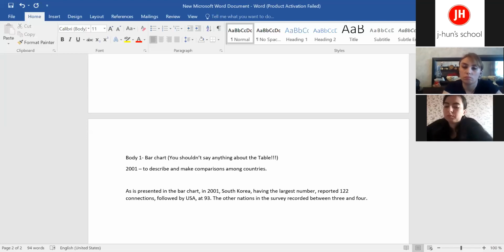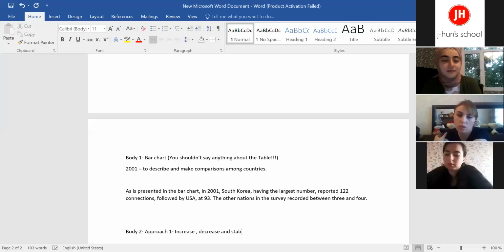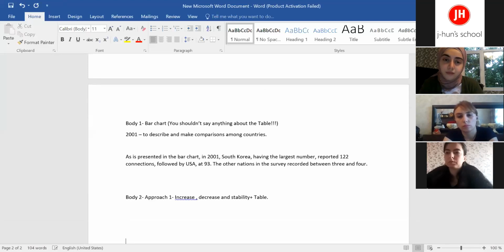Okay, but what happened in the second paragraph? Body part 2 is going to talk about approach 1. Do you remember approach 1? Yes. Increase, decrease, and stability, plus the table. So something like this.